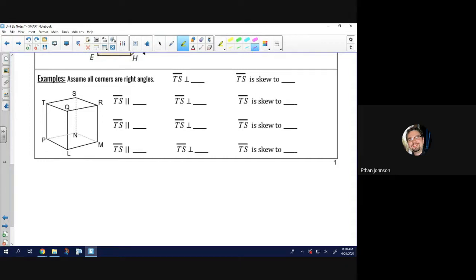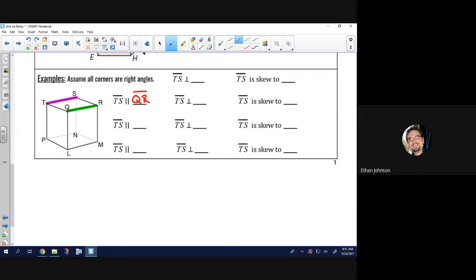I'm going to mark segment TS on our diagram so we can use that as a reference. We're looking in the first column for things that are parallel, things that are going in the same direction. So for example, QR would be parallel. They're moving the same direction.